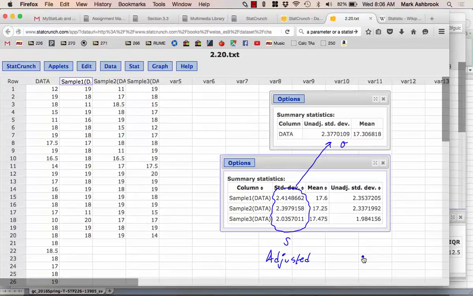And why is it adjusted? Because you typically see more variation in a population than you will get from a sample, because a sample will more likely be the ones that are more common around the center of the data. Okay, questions? All right.